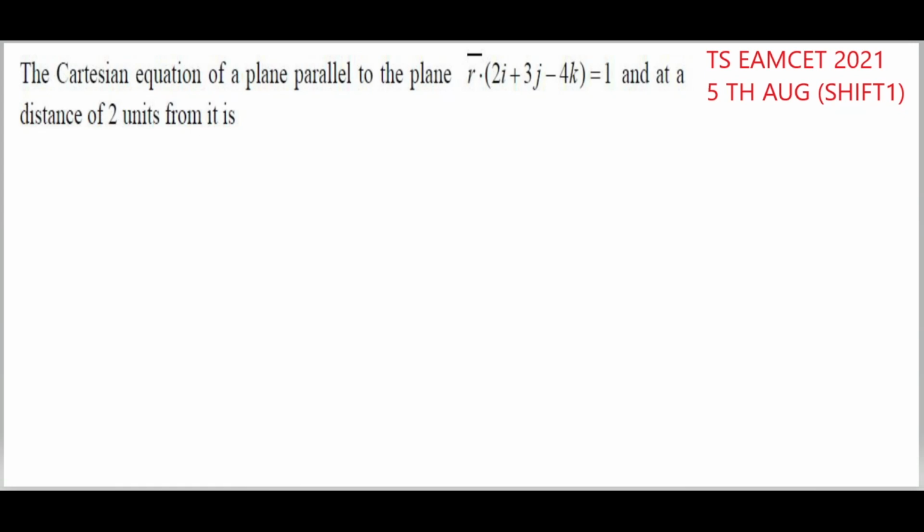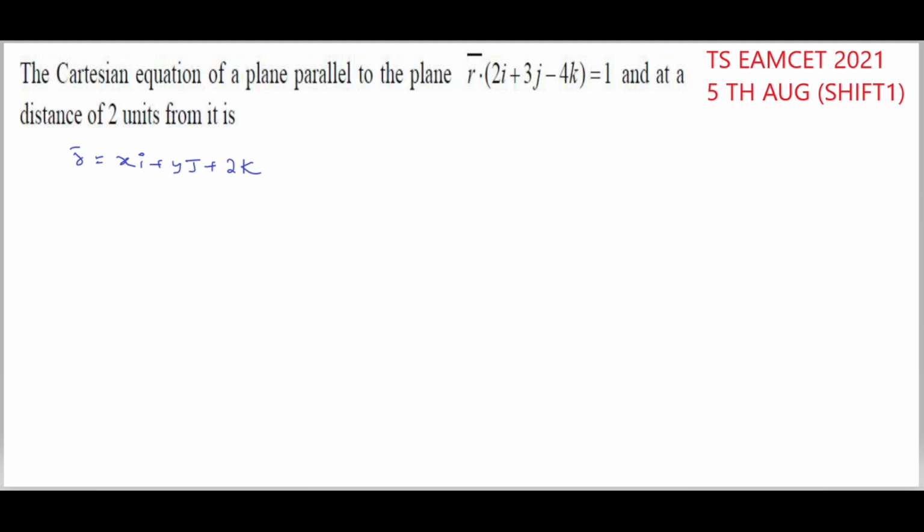A Cartesian equation of a plane parallel to the plane r bar dot (2i plus 3j minus 4k) is equal to 1 and at a distance of 2 units from it is. Here take r bar is equal to xi plus yj plus zk.